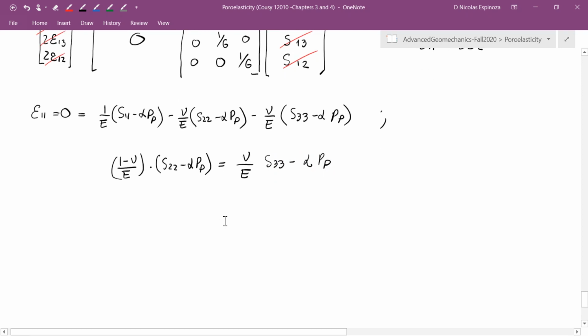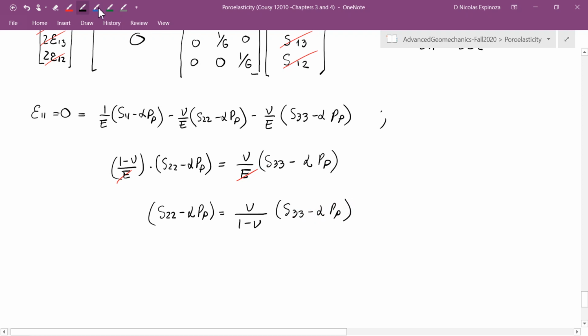And notice that I have the Young modulus on both sides, so I can get rid of those, and I can write now that S22 minus alpha pp is equal to Poisson ratio divided by 1 minus Poisson ratio times (S33 minus alpha pp).